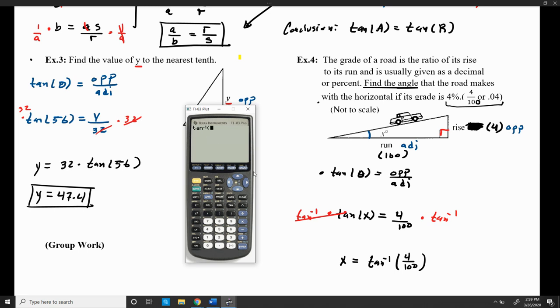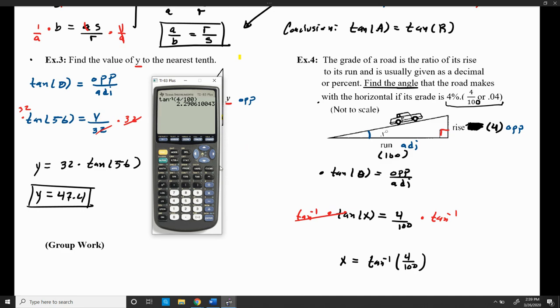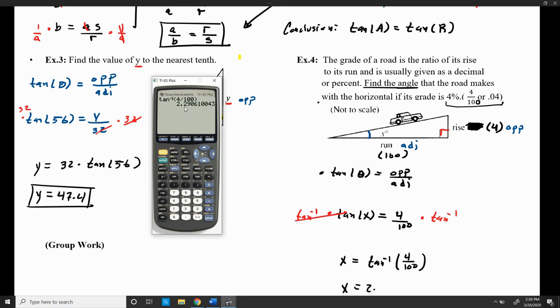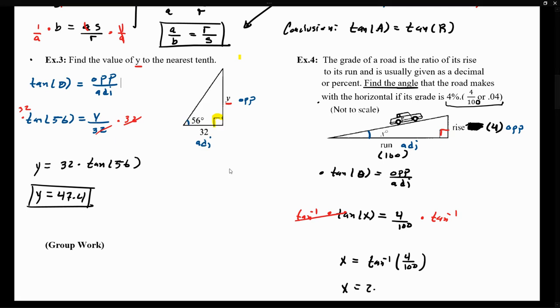And now we're just going to plug in its value, 4 over 100. And that will be equivalent to x being, let's keep it to the nearest tenth, 2.3 degrees. Because notice that x represents an angle, so therefore x represents degrees.